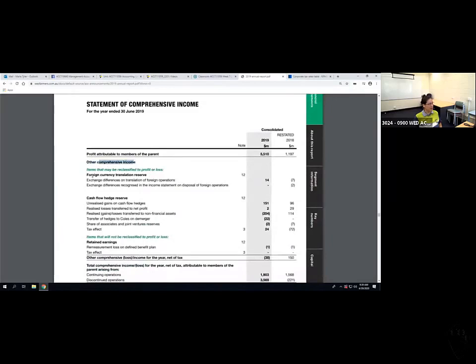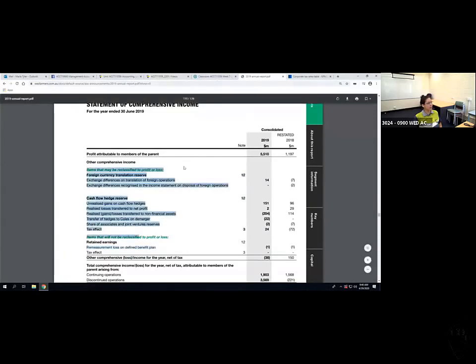And there are some common items you'll find between your firms. Such things like cash flow hedges. Again, your company uses these for different things. So it could be O or F. Foreign currencies, defined benefit plans, things to do with your company's employees, and so many more different items. That's our other comprehensive income.